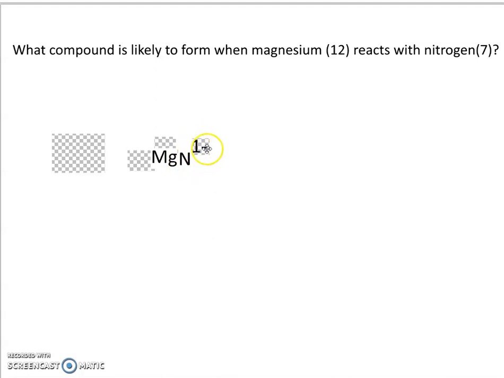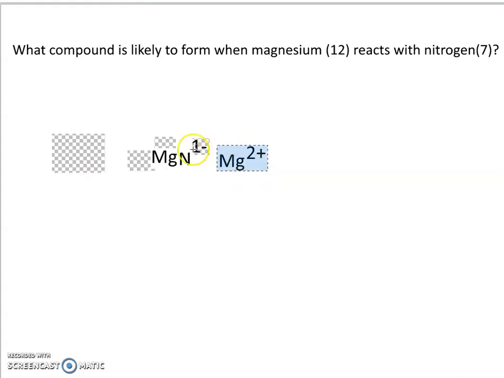This 1 minus charge is still going to draw in any other positive charges that are around. And since a sample of magnesium is going to have billions of magnesium atoms, there's going to be another 2 positive magnesium atom in the area.